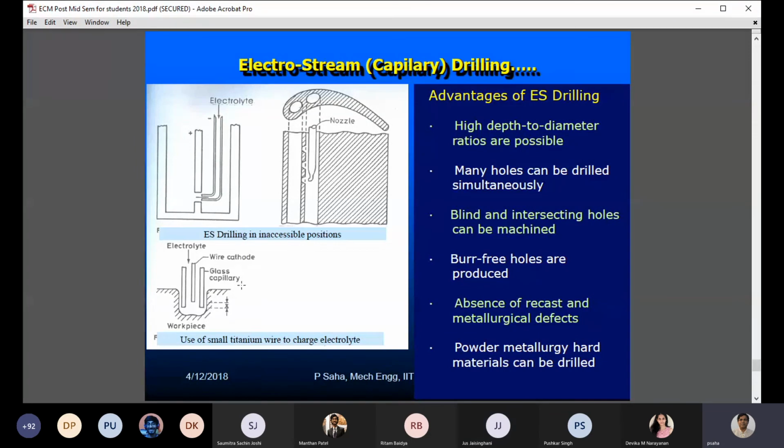In this particular case we cannot use the contaminated electrolyte again. But since it is micro-level small hole machining, my electrolyte consumption is not that high. You have to ensure the properties of the electrolyte are maintained.